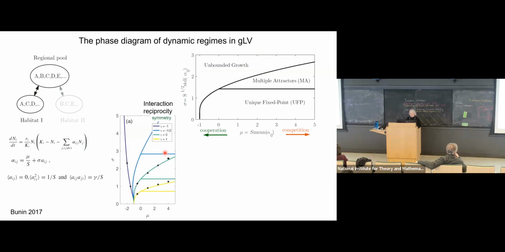Furthermore, he showed, and the detail again is not important, the point is that the interaction reciprocity, gamma, which is the correlation coefficient between A_ij and A_ji, also influences where the curves are. And so that is GLV.